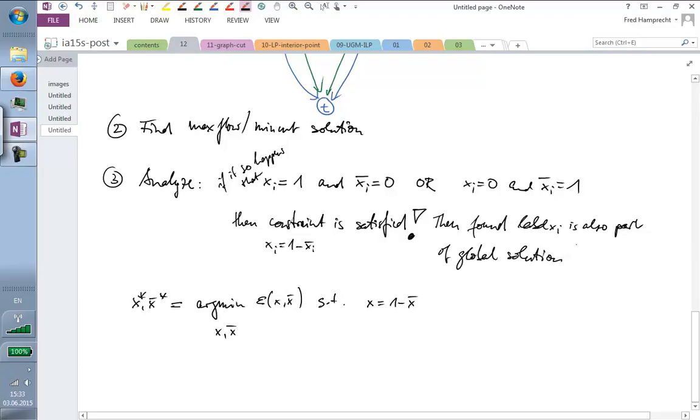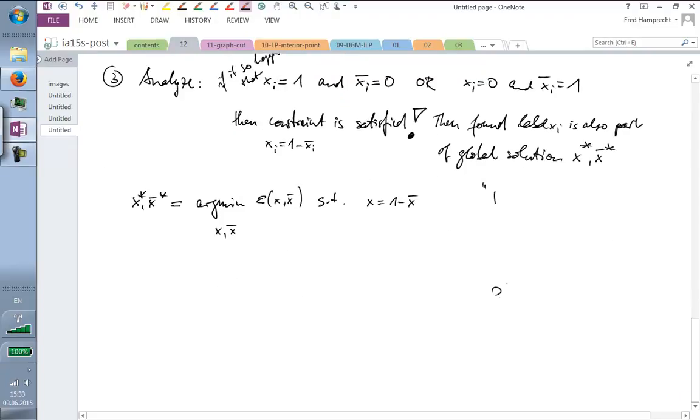And the global solution is simply what I've written in the next line: x star and x bar star. And this is an important concept called partial optimality.